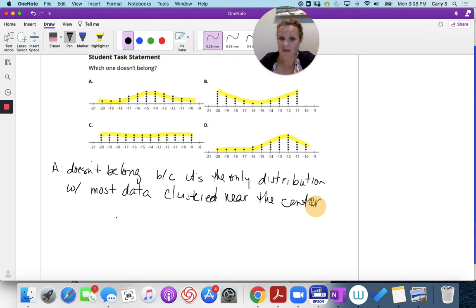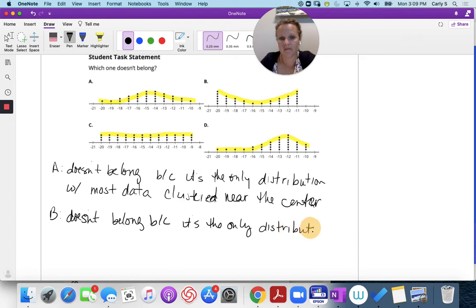All right, we could also say B doesn't belong because it's the only distribution with very few dots near the center.